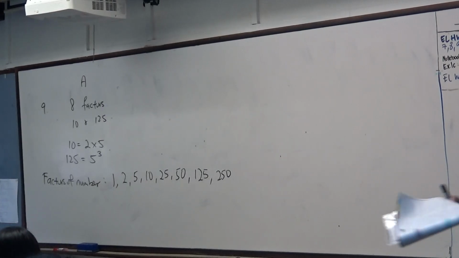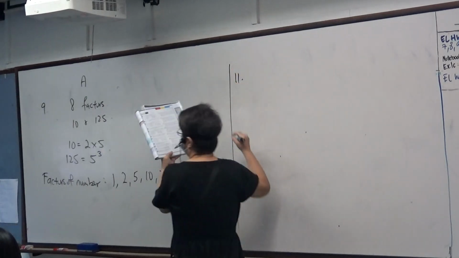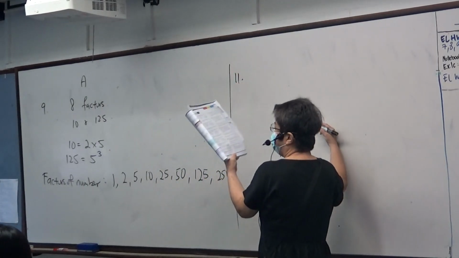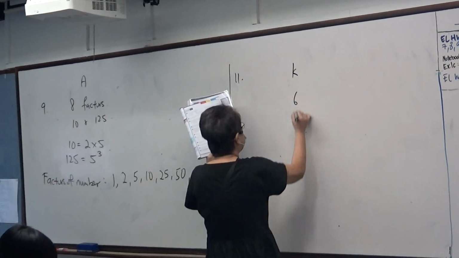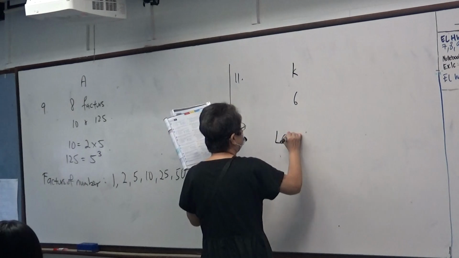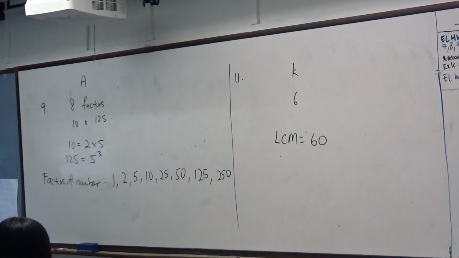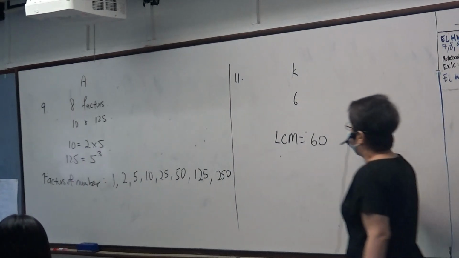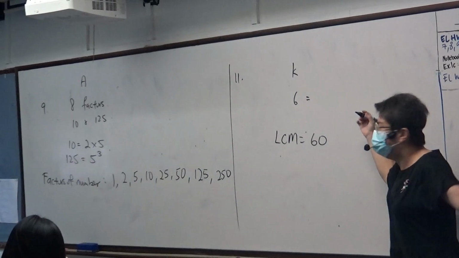Let's look at question 11. Find the smallest value of k such that the LCM of k and 6 is 150. So the LCM is actually 150, right? Correct now? Okay. Now, we all know that 6 is what? 2 times 3.